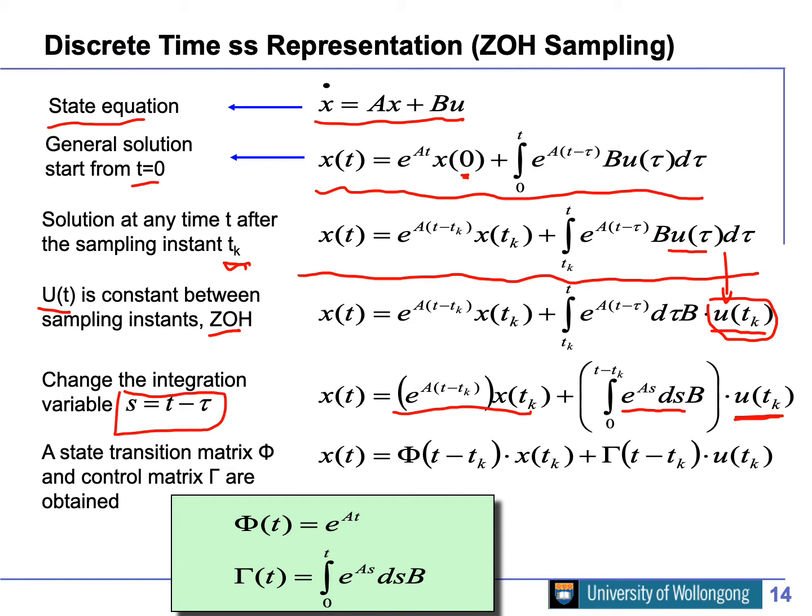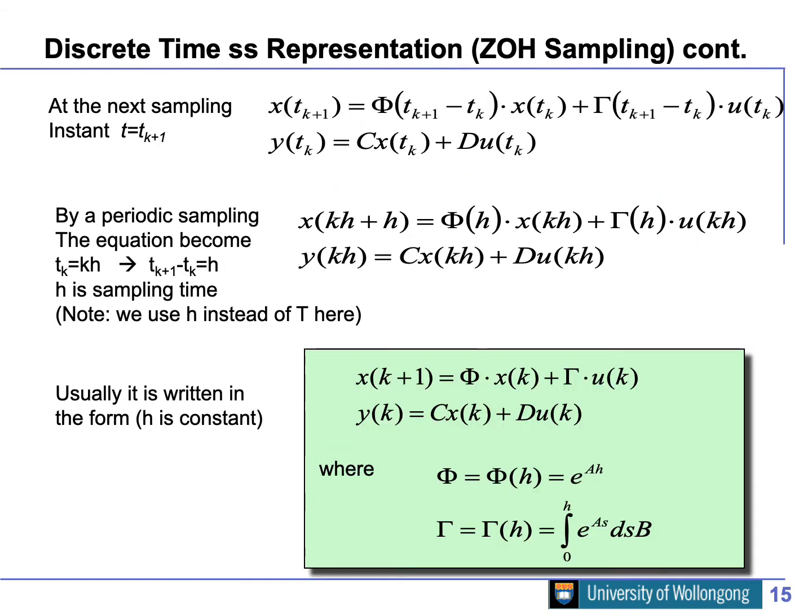We replace e^(At) with phi. Remember, this is what we got in our continuous time solution. And this is a new symbol: we use gamma to replace the integration of e^(As) from 0 to t. That's the reason we make this change. So we sorted out that this is what we had previously.